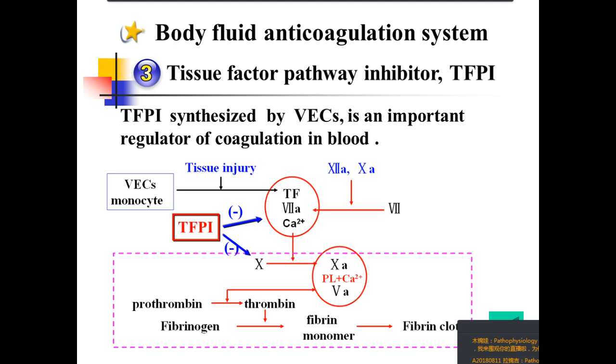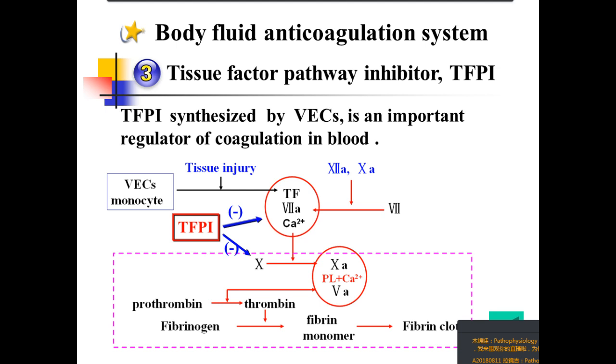Now, the anticoagulation system. How many types does the anticoagulation system include? The cellular anticoagulation system and the body fluid anticoagulation system.